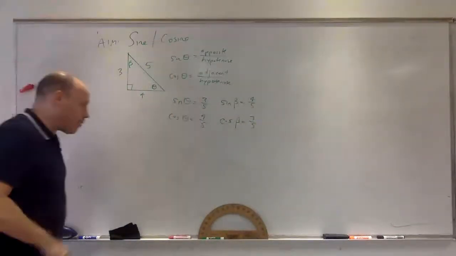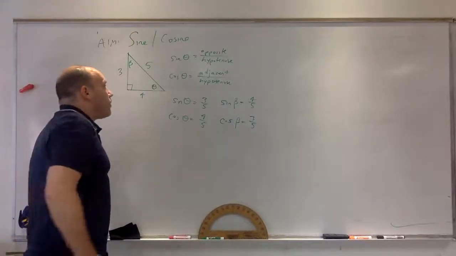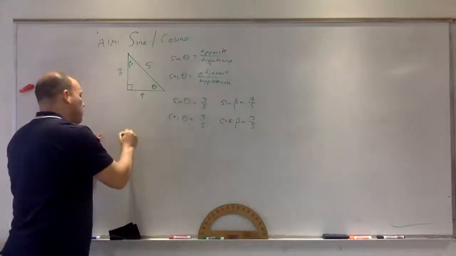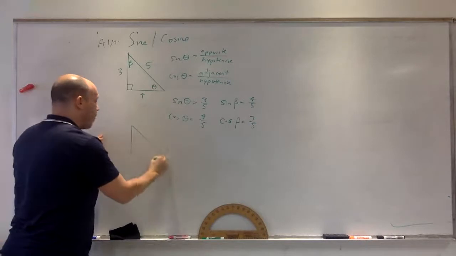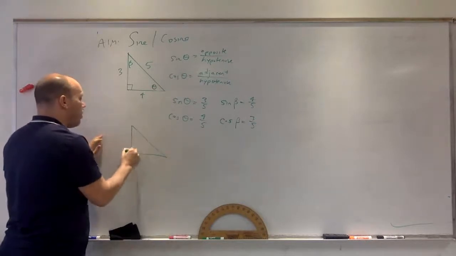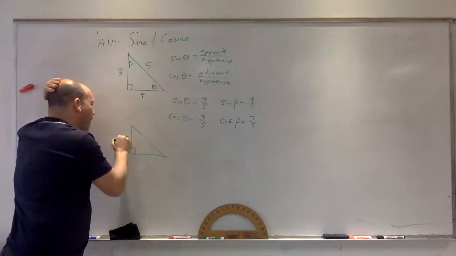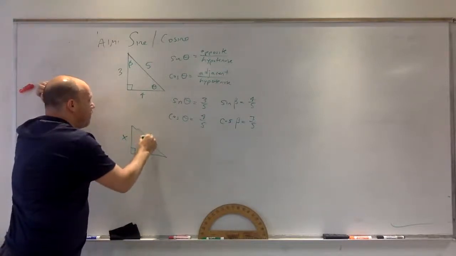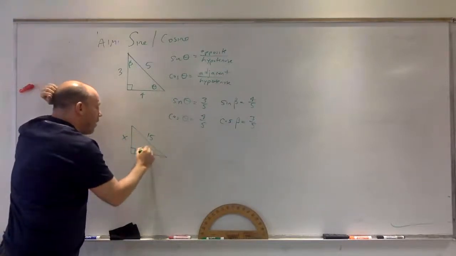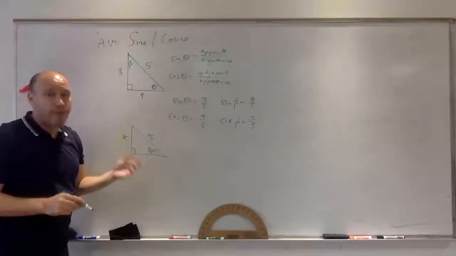So let's just try some problems. Let's have a right triangle right here. The sides are x and 15, and the angle is 32 degrees. What is the measurement of x?